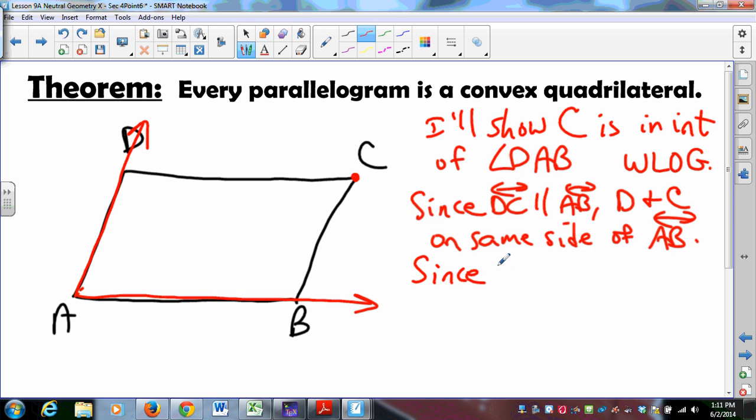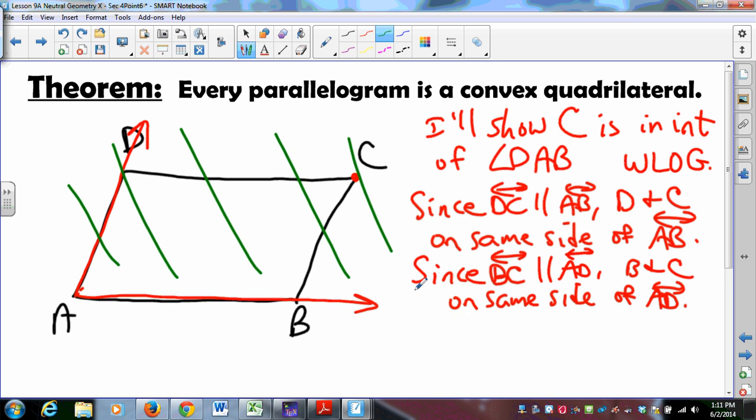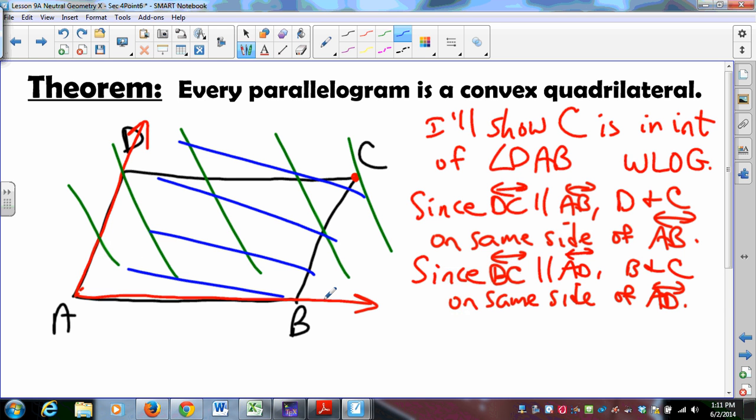Similarly, since BC is parallel to AD, B and C are on the same side of AD. So that matters for the following reason. D and C are on this side of AB. B and C are on this side of AD.